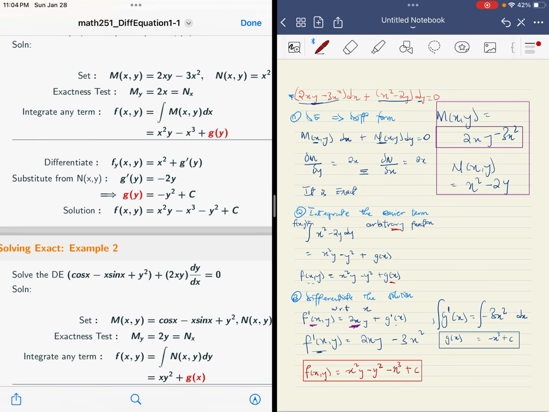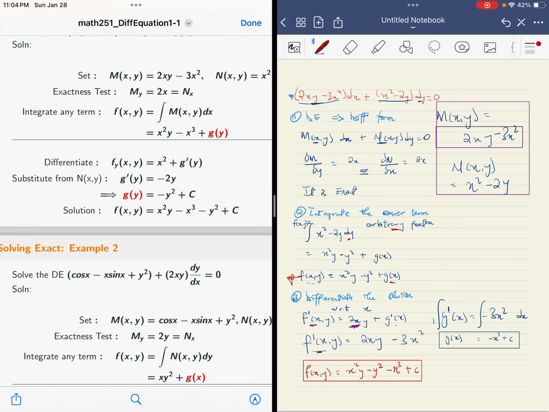It was g of x because we integrated with respect to y. And so we needed the arbitrary function to be a function of the constant, which was the x. Now that we have it, we need to solve for this arbitrary function. The only way that I know that we can do it is to integrate our solution that we arrived here.